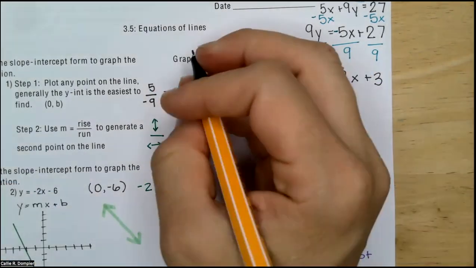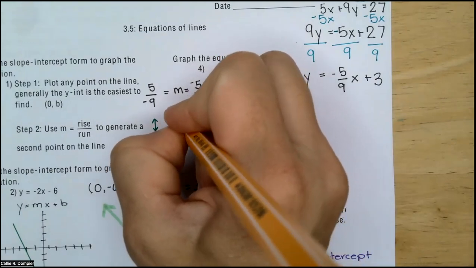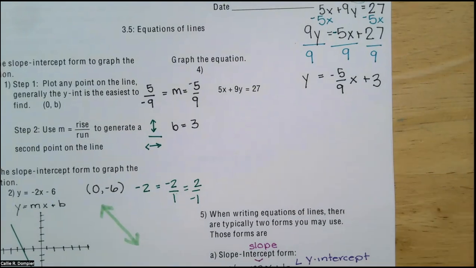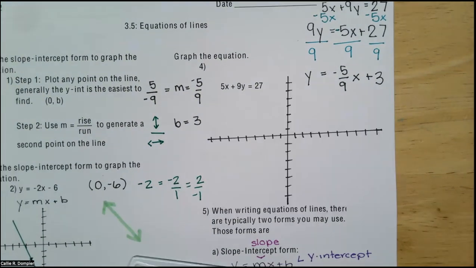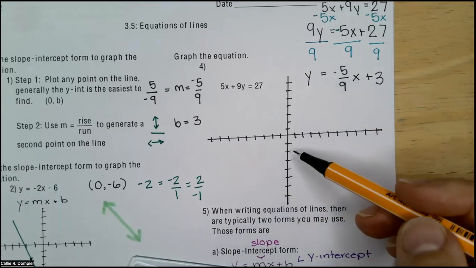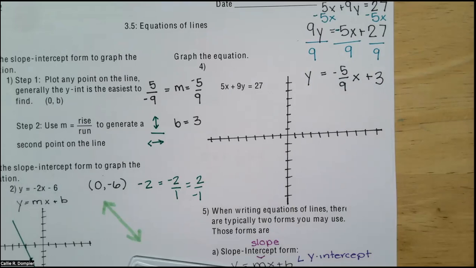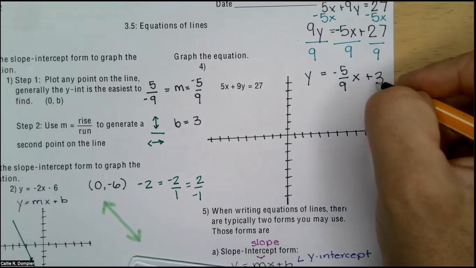That's my slope. And then my y-intercept, or my b, is +3. Draw the graph. Always check your units when you're drawing a graph, or when you're inputting a graph. They might be moving by 2s or something. Anyway, here we have +3.